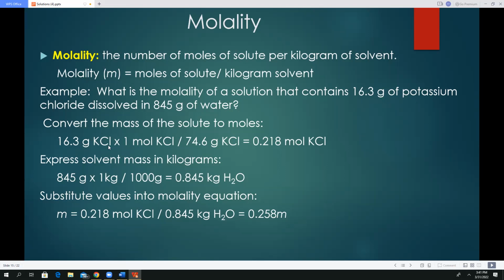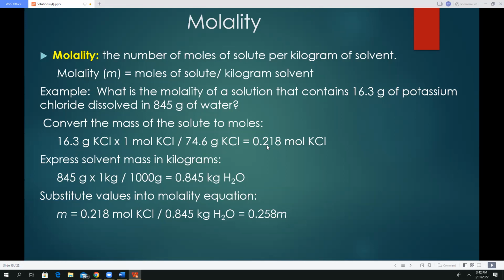16 grams of potassium chloride. For every mole of potassium chloride, we have 74.6 grams. How do you do that? You do the molar mass. You take the mass of the potassium that is on your periodic table, which is 39 point something, and the mass of chlorine, which is 35.45. Add them together and you get this number.